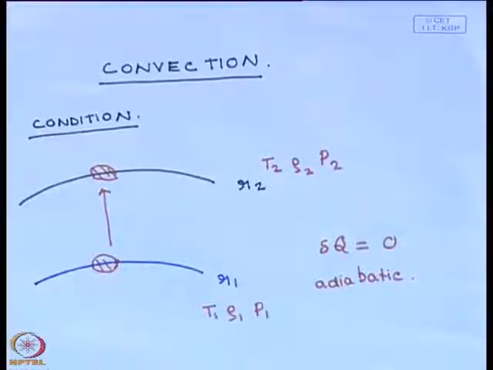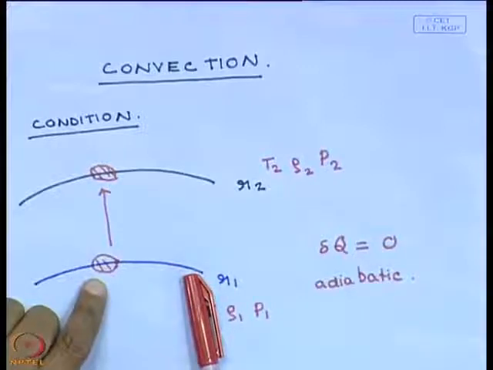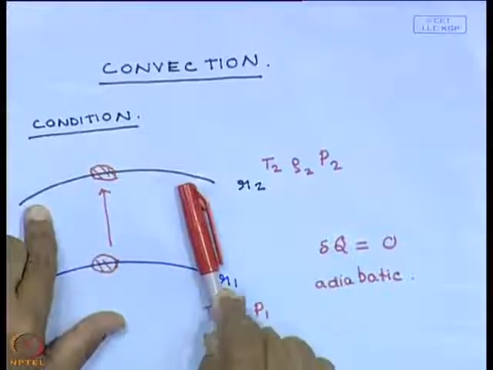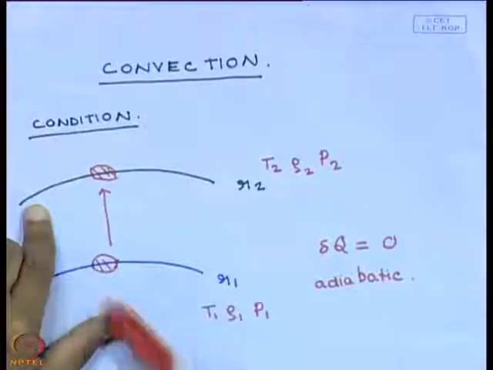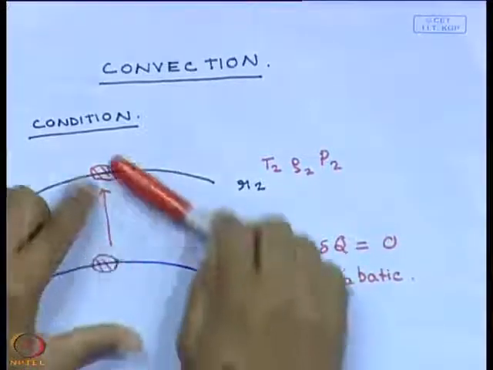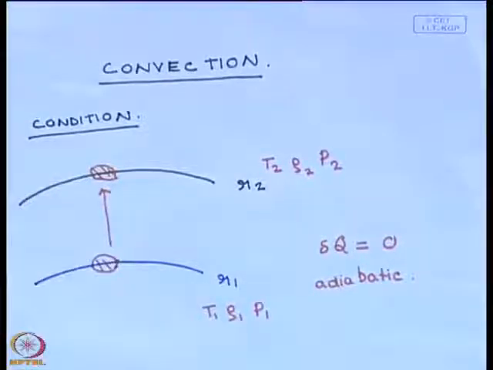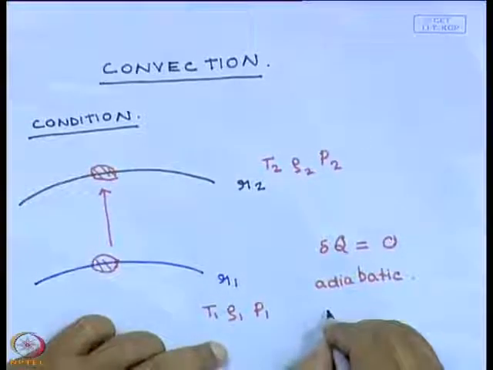Since the bubble moves from a place where the pressure is higher to where the pressure is lower, it has moved to a region of lower pressure, and the bubble is going to expand. So, it is going to be adiabatic expansion.